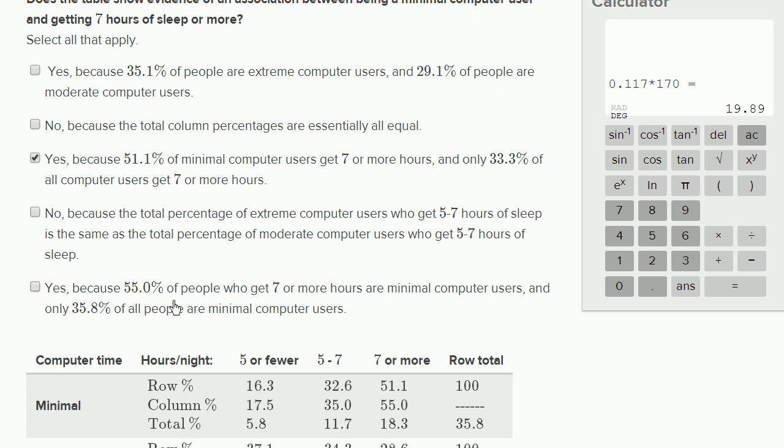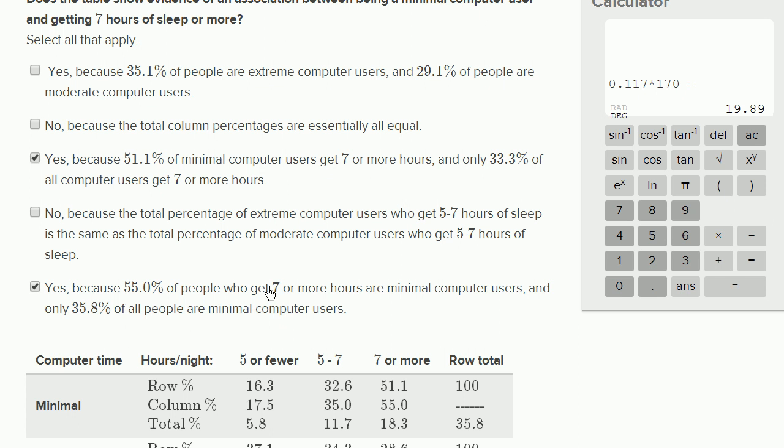Yes, because 55% of people who get 7 or more hours are minimal computer users, and only 35% of all people are minimal computer users. Actually, I'll go with this as well. Oh yeah, this is a multi-select, so I could select that one as well. So here we looked at the percentage of minimal computer users who get 7 or more hours of sleep, and we saw that percentage is higher than for the whole population.